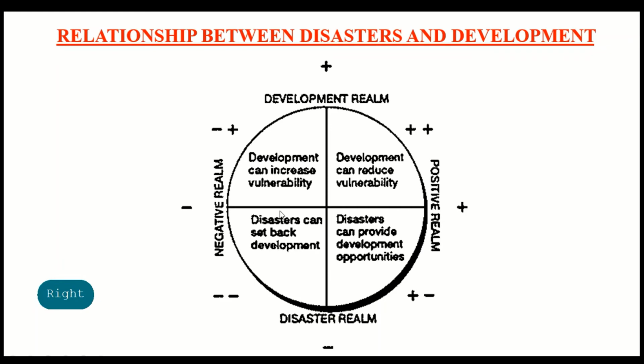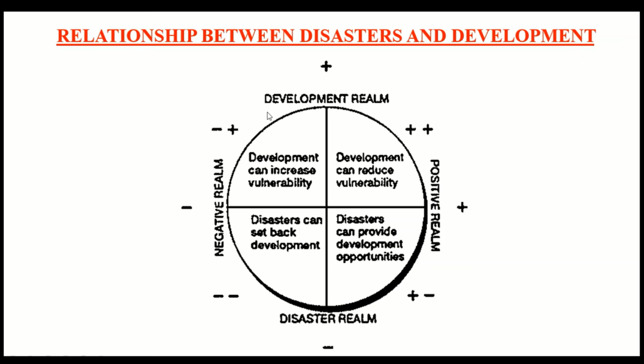Then the next one is the relationship between disasters and development. Here there are certain realms: the development realm, the disaster realm, the positive realm, and the negative realm. These are the different realms indicated in this figure.